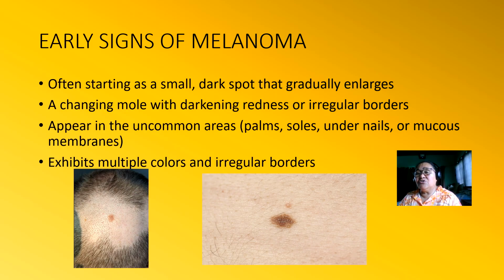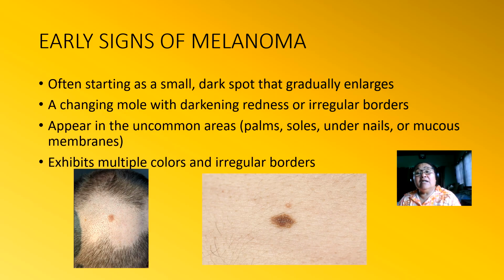In its early stages, it may appear as a small dark spot that gradually enlarges, or as an existing mole that changes in color, shape, and size. The mole may become darker and develop irregular borders or show multiple colors.